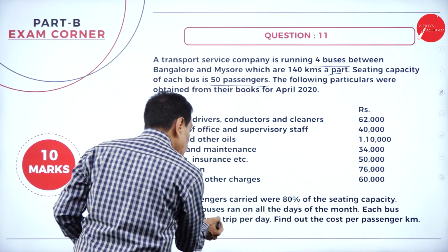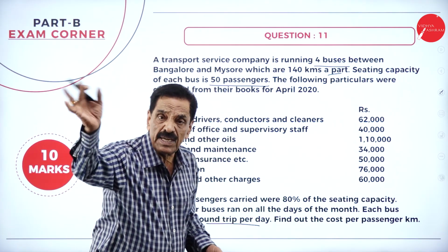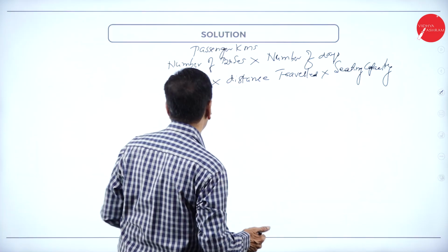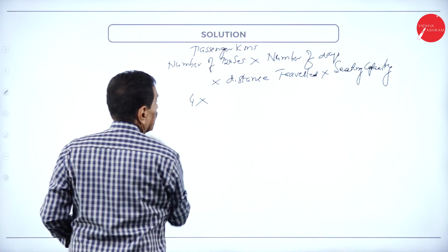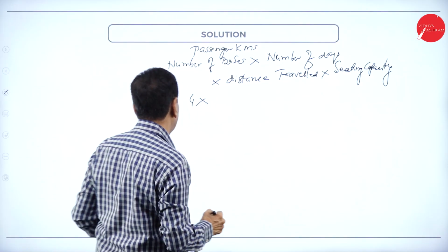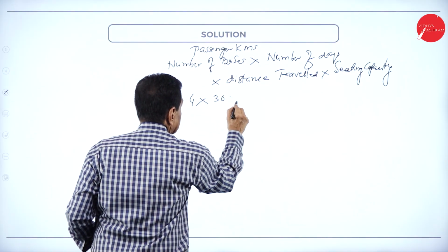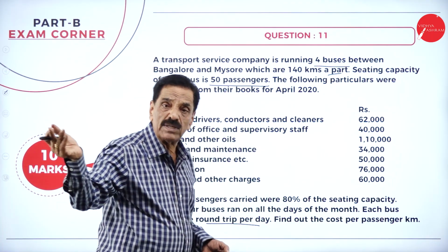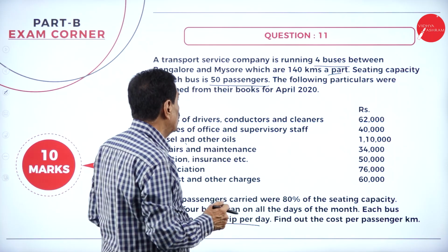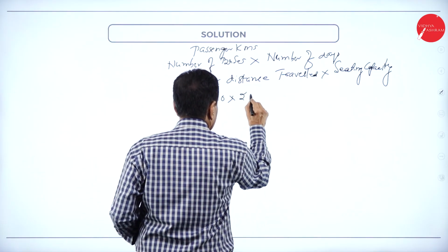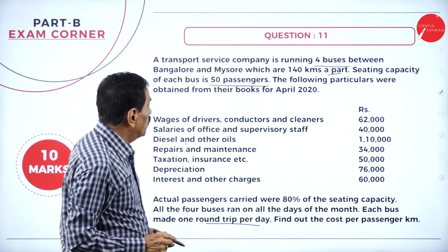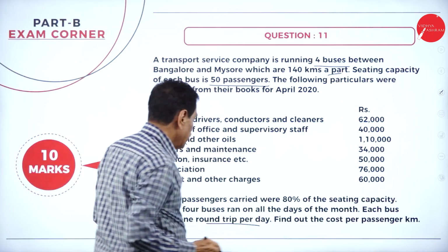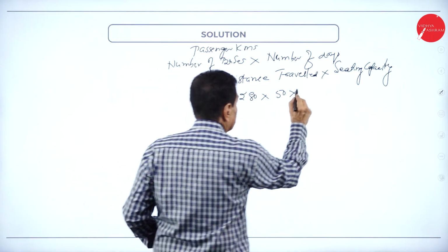Each bus made one round trip per day. Going 140, coming 140 means 280 kilometers. So number of buses is 4. Number of days in the month of April means 30 days. Distance traveled, going 140 kilometers, coming 140 kilometers means 280, into your passengers, 50 passengers. Carrying capacity is only 80%.